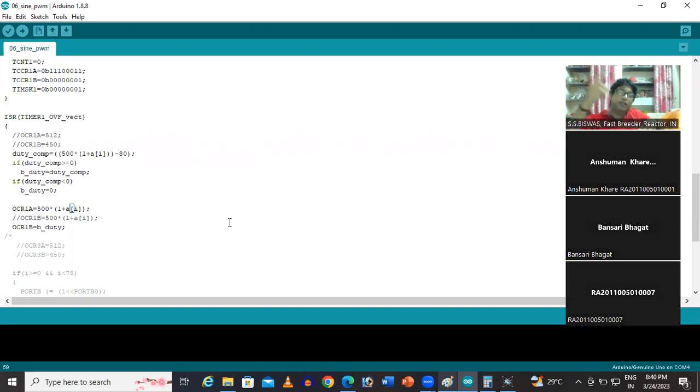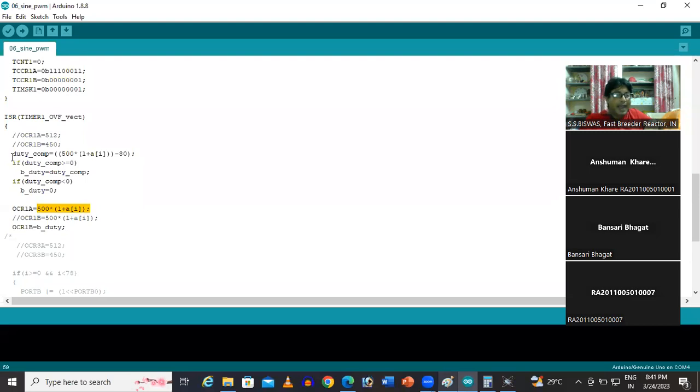It will fluctuate from 0 to 1024. So that's why I am dividing by 2, I am giving a DC shift. For that only this is written. So basically this is (1 plus sine theta) into resolution by 2. That only I am doing.